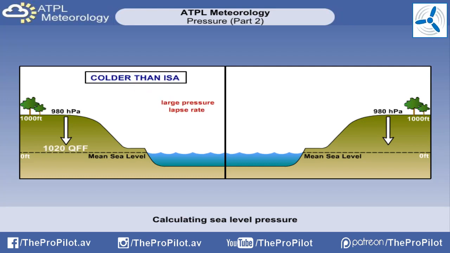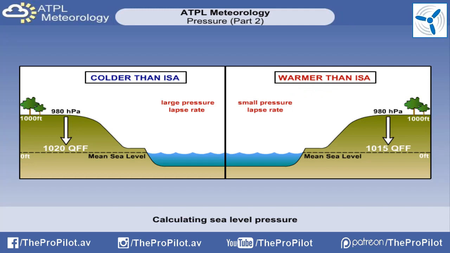If the air at the location was colder than ISA, we would expect the pressure lapse rate to be greater. So when adjusting the surface pressure to mean sea level, we would gain more pressure in 1,000 feet than if the air was warmer than ISA. The two diagrams confirm this for us.